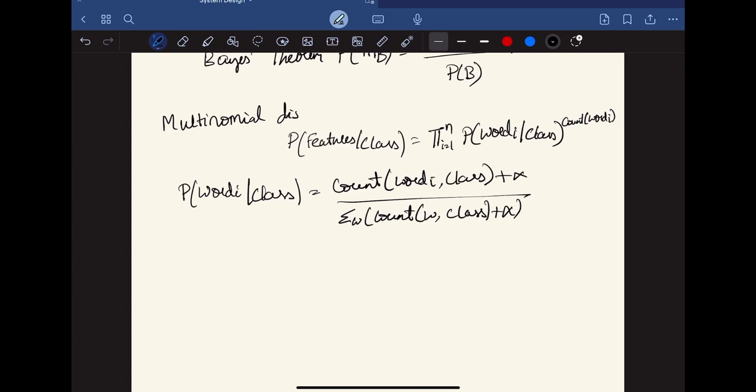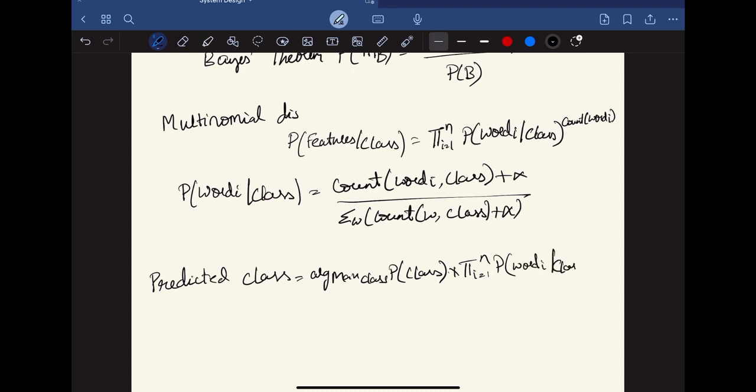And for classifying a new document, the predicted class is determined by argmax over class of P of class times the product of P of word i given class.